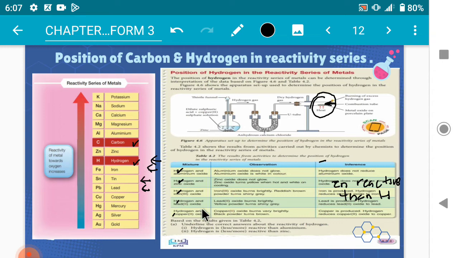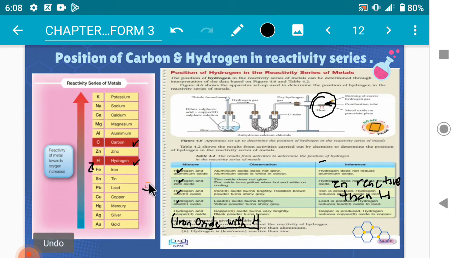And then this should be the sixth column, the reaction between iron oxide and hydrogen. When the sixth test is done, you will see that the hydrogen can reduce the iron oxide to produce iron, which means the hydrogen should be on top of the iron, which means over here.